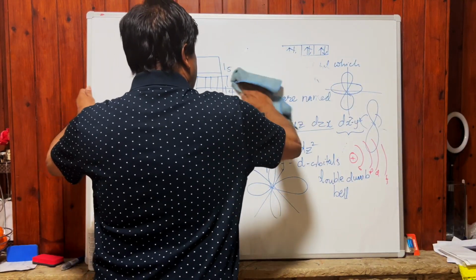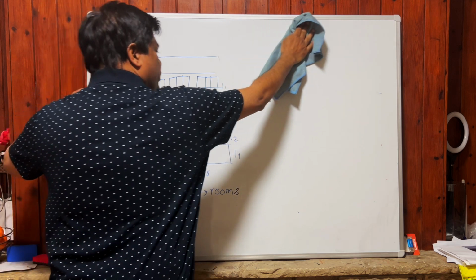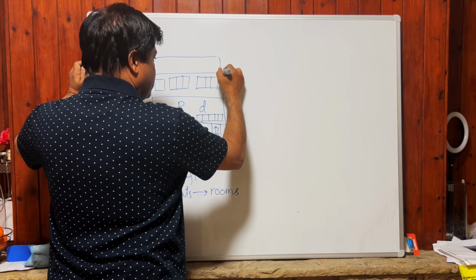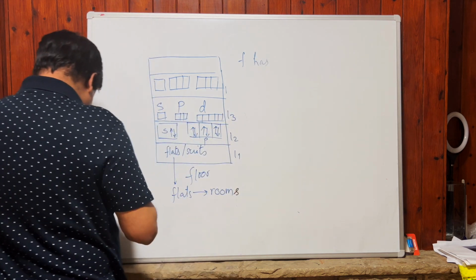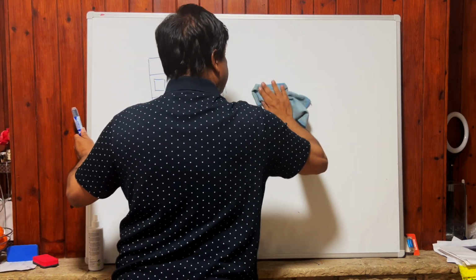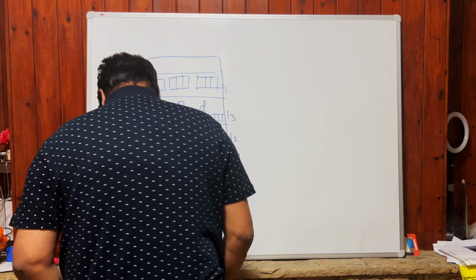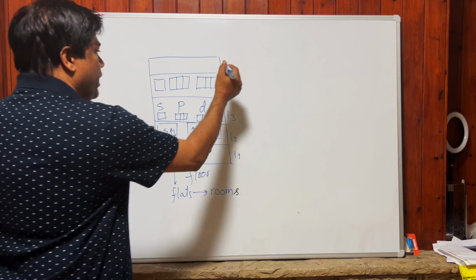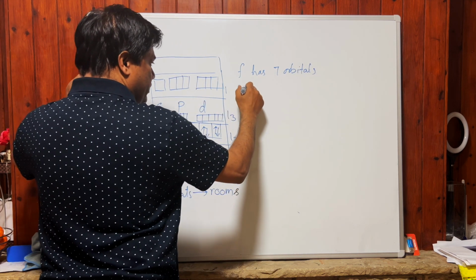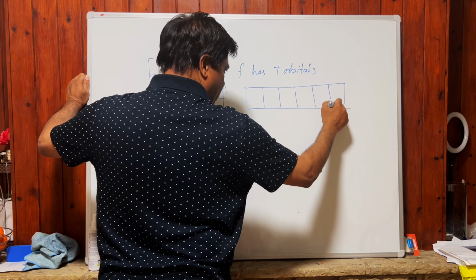We don't need to worry about the shape of the f orbital, but it has 7 orbitals: 1, 2, 3, 4, 5, 6, and 1 more.